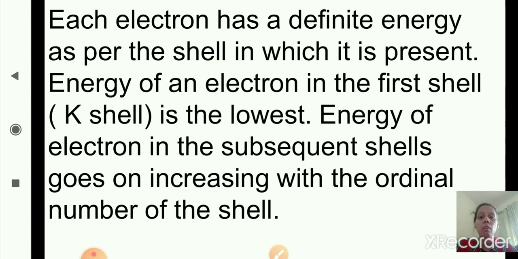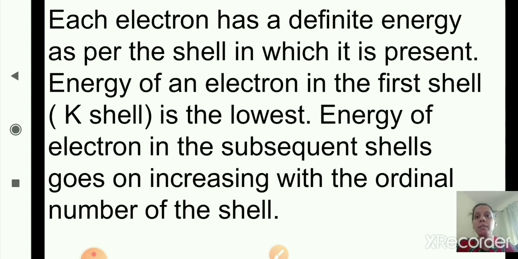The first shell has the lowest energy, the second shell has greater energy than the first, the third has greater energy than the second, and the fourth has greater energy than the third. So it goes on increasing with the ordinal number of the shell.